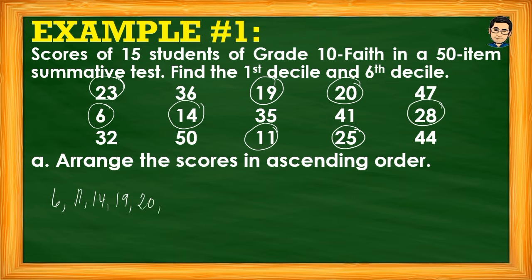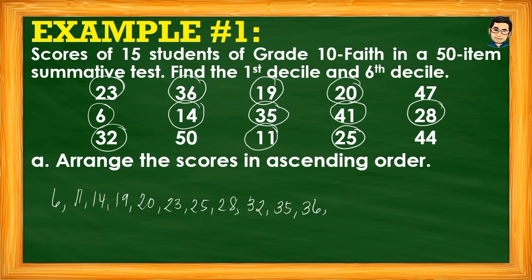And then line up 3 naman, so we have 32, 35, and then 36. And then for line of 4, we have 41, 44, and 47. And 50, yung last natin.